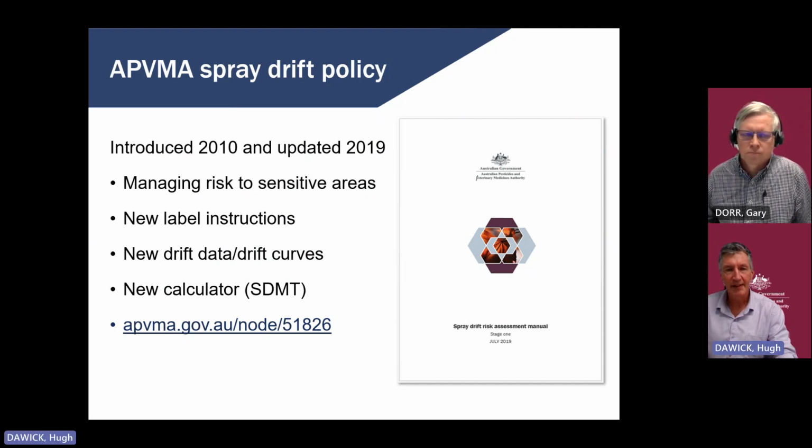In particular, it sets out our approach to managing the risk to certain sensitive areas. It sets out standardized label instructions with regards to spray drift, and it's backed up by new drift data and drift curves, which are supporting the spray drift management tool, or the calculator that we use to set the buffer zones on the label.